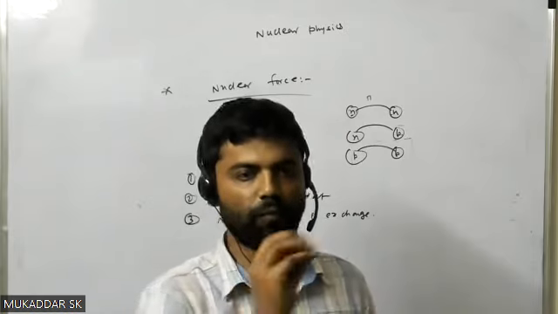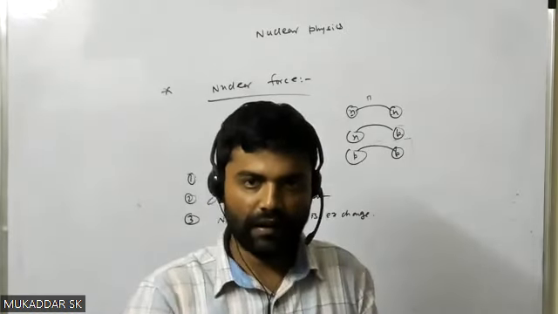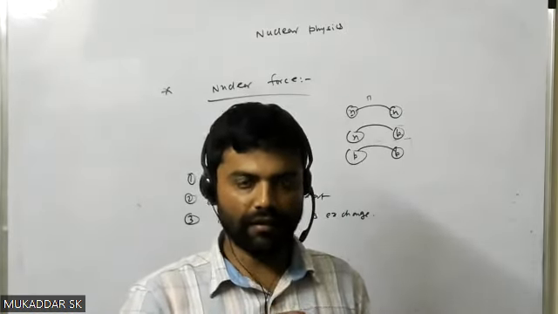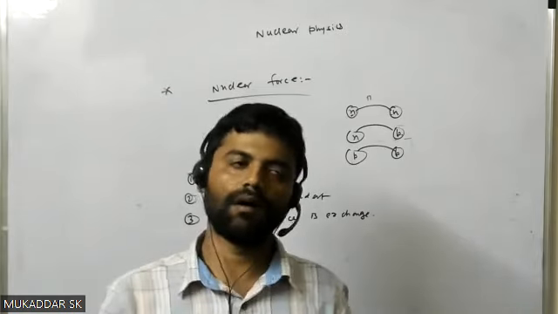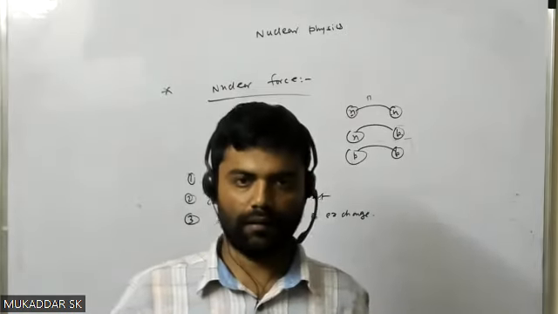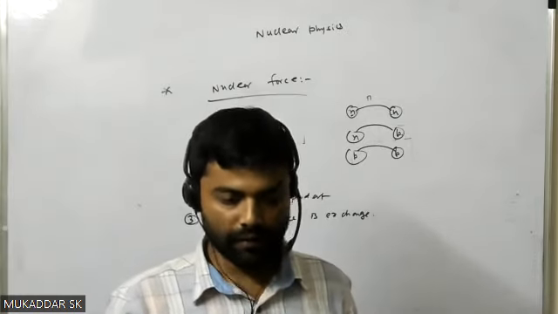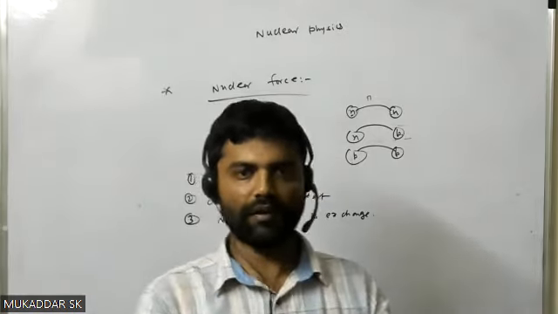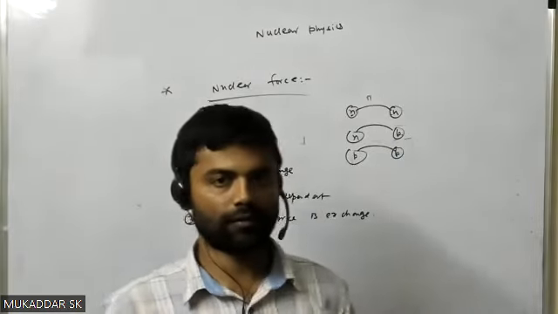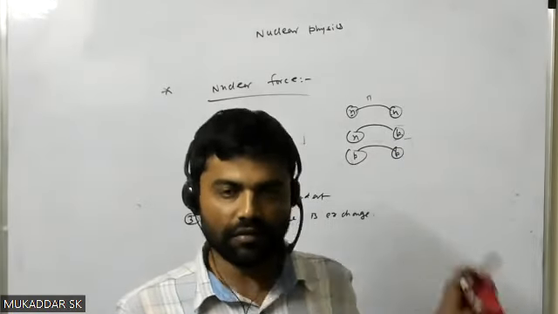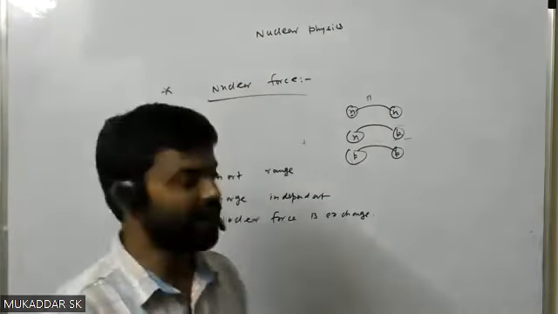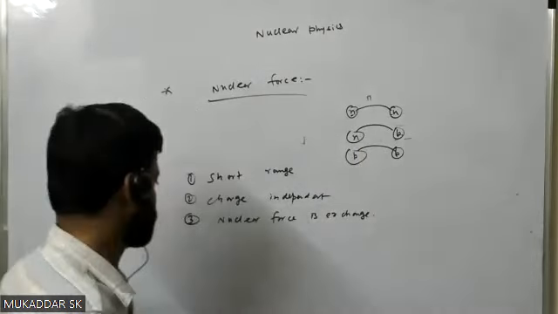I'm throwing a ball to you, you are catching, again you are throwing, and this continuously happens from beginning up to the stability of the nucleus. So the same two nucleons are actually exchanging this pi meson particle. That's why nuclear force is called exchange force.